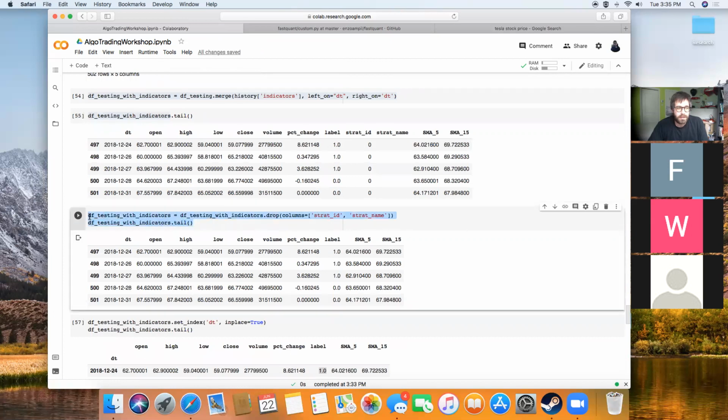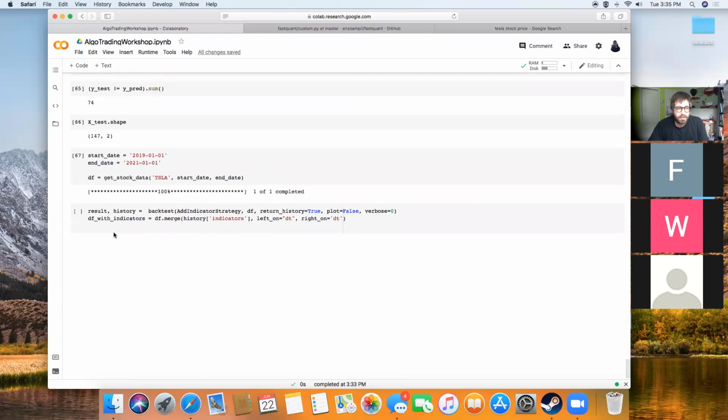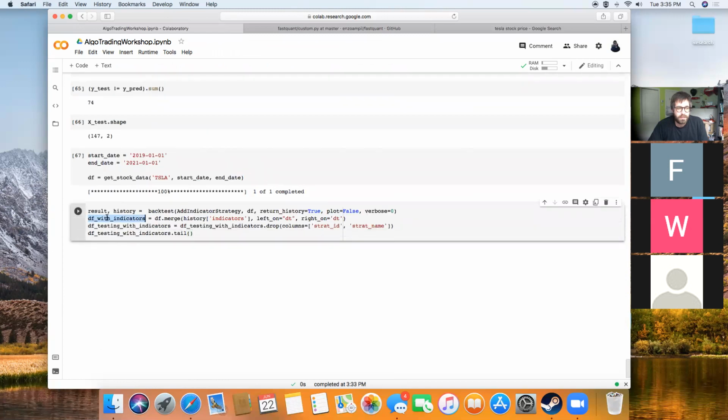Okay, so basically we're passing it through the backtest with the add indicator strategy that basically just adds the two indicators.